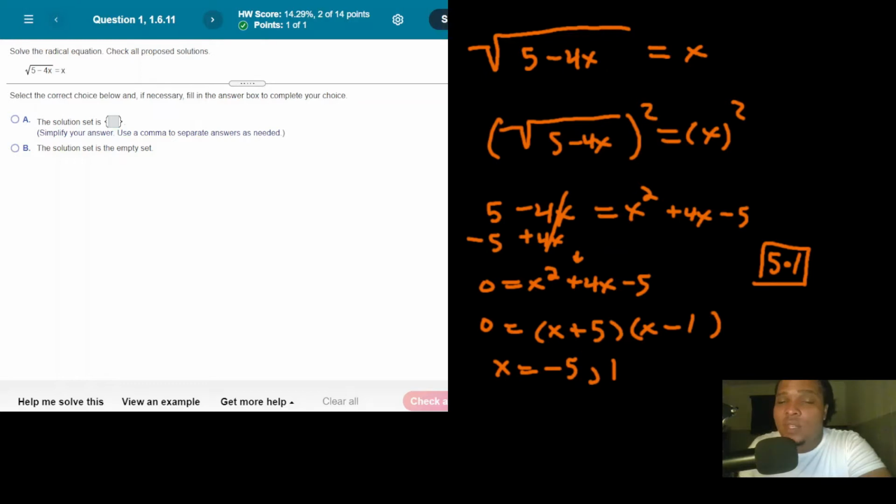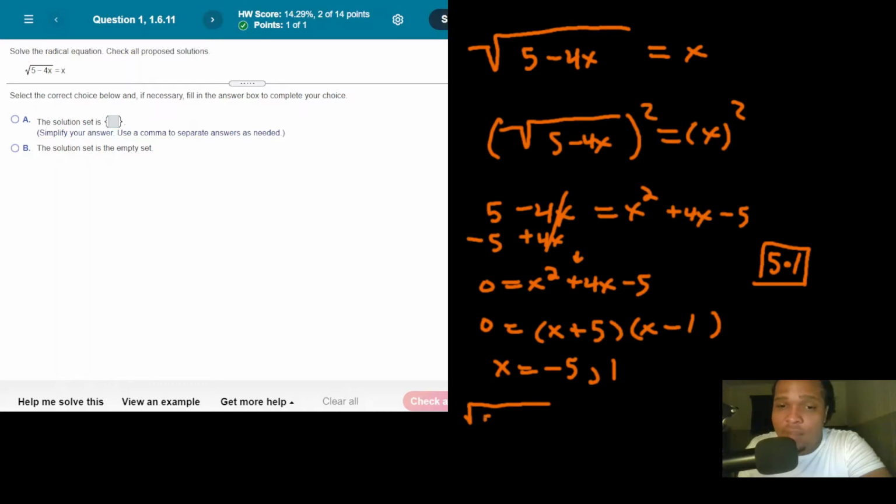Now, because we were dealing with the square root, we have to make sure the answers don't conflict with our original equation in any way. These are called proposed solutions, because there's a chance that only one of them is right, or that neither of them is right. So let's plug them in. First, the negative 5.